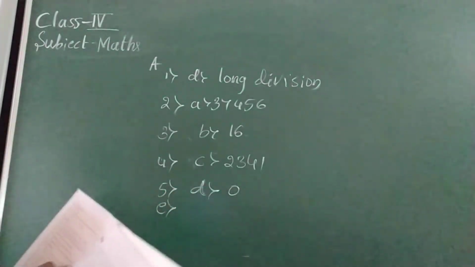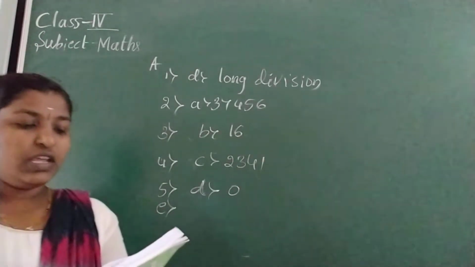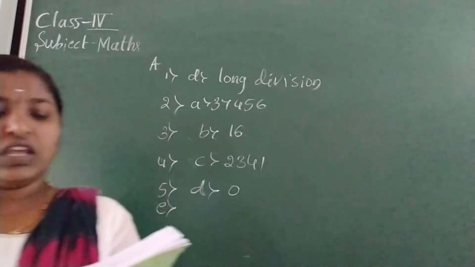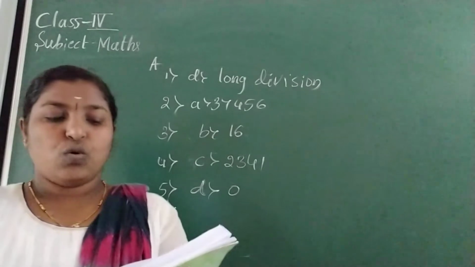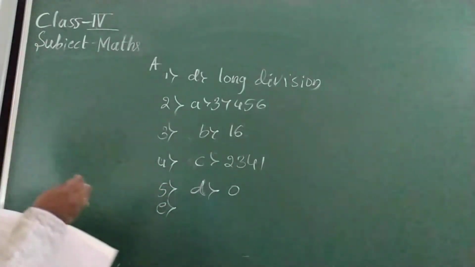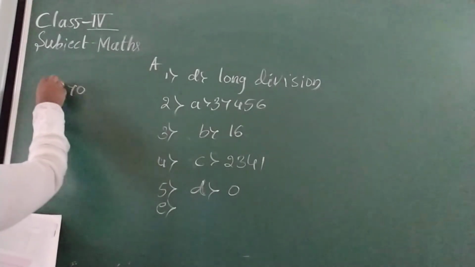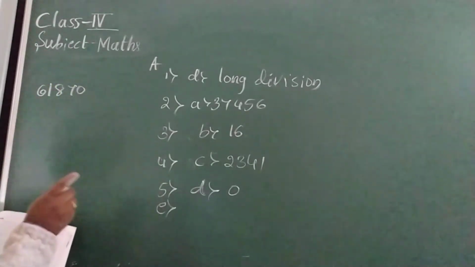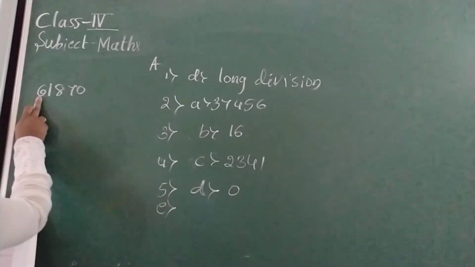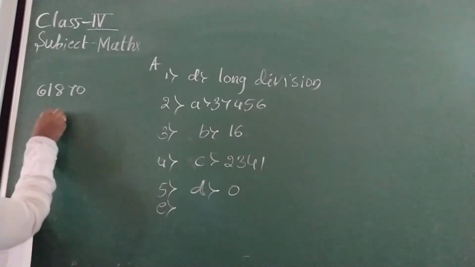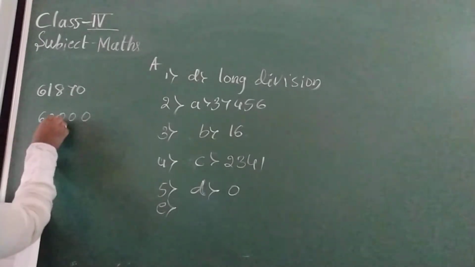Next, sixth. If 61,870 is rounded off to the nearest 10 thousands and divided by 10, the quotient is. We'll do that. 61,870 has to be rounded off to the nearest 10,000, which will become 60,000.